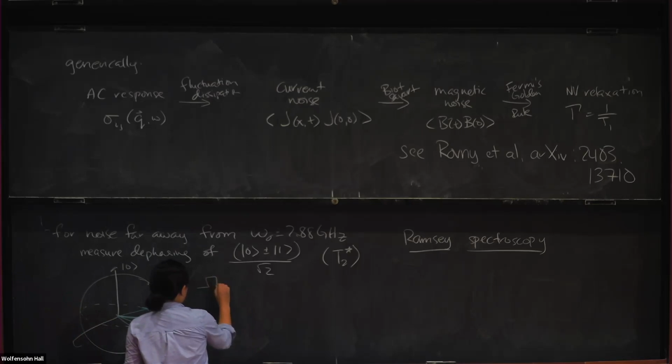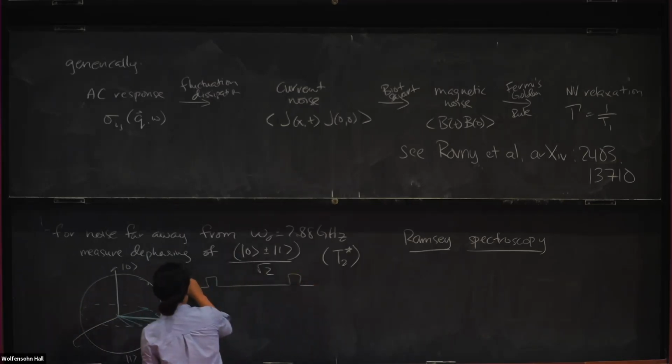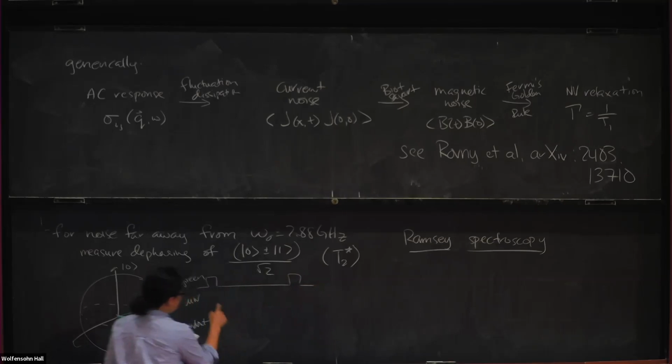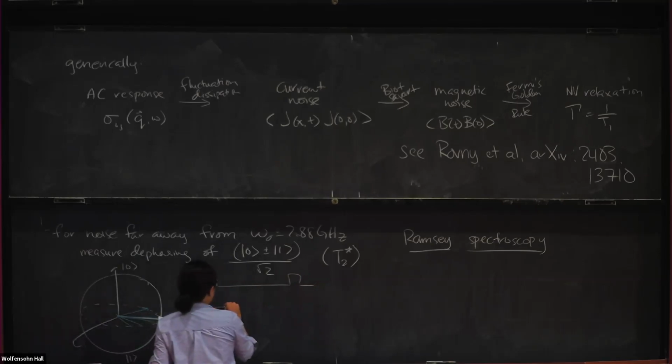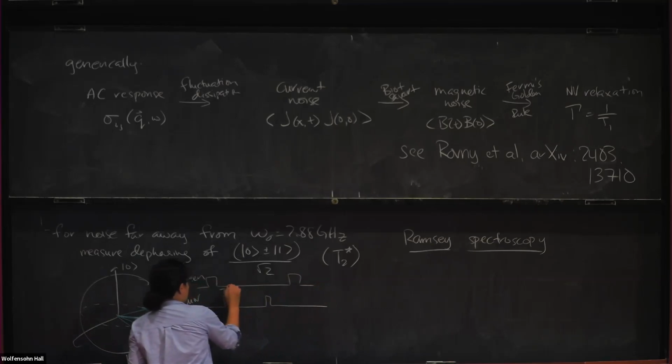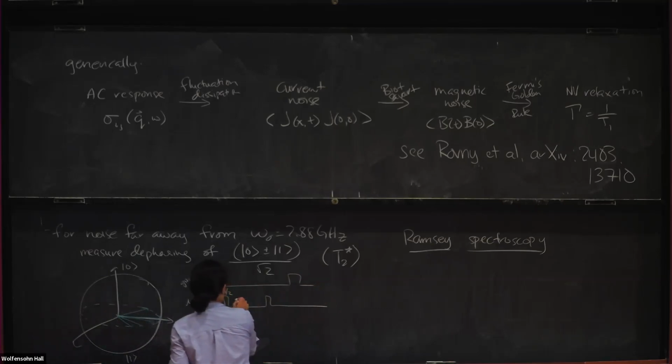Let me just draw a pulse sequence to be really concrete because I think it helps. Okay, so what I have is my green initialization pulse that lasts about a microsecond. I turn on my microwaves to do a pi/2 pulse to go on the equator. And then I wait some time.